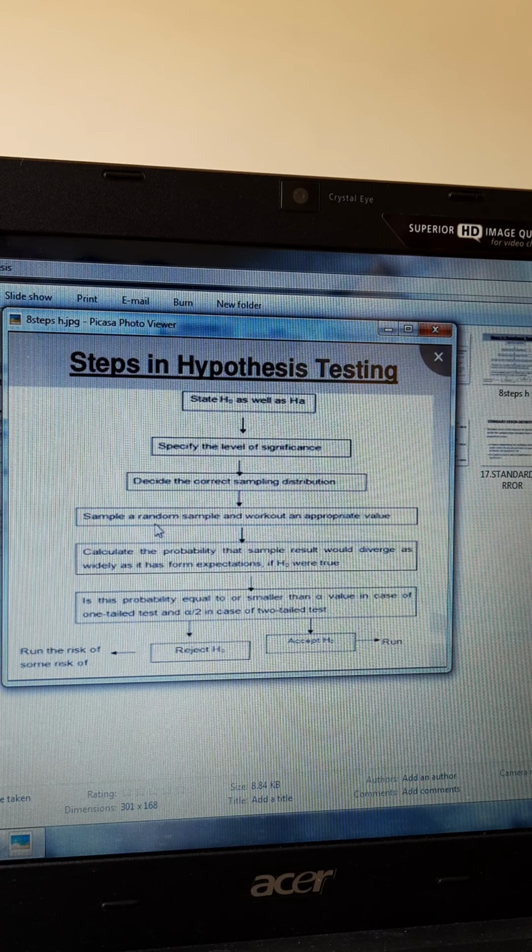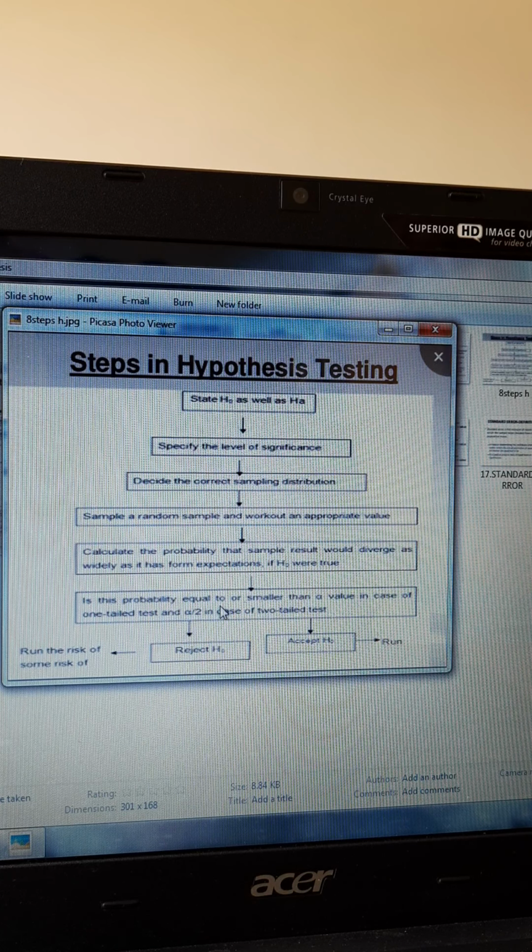Then what is the sample? How you have got the sample, the appropriate value, and then calculate the probability of the sample. This is your p-value. So once you get your p-value, then you have to look at what the p-value means and then reject or accept the hypothesis.